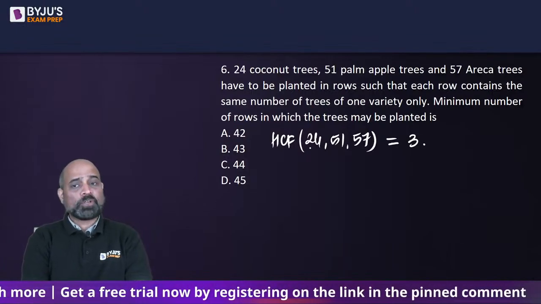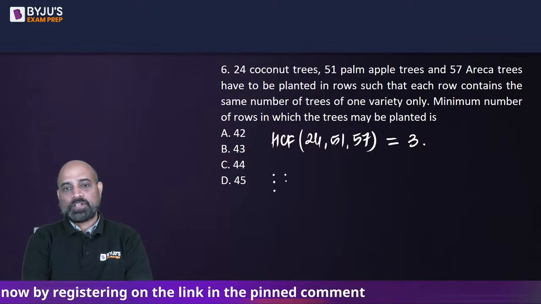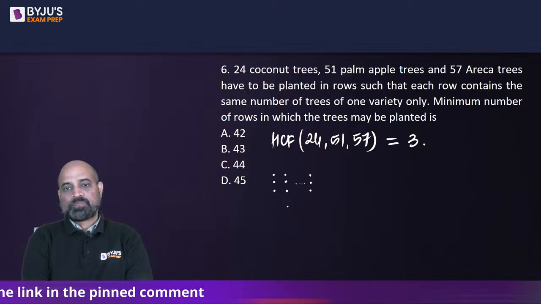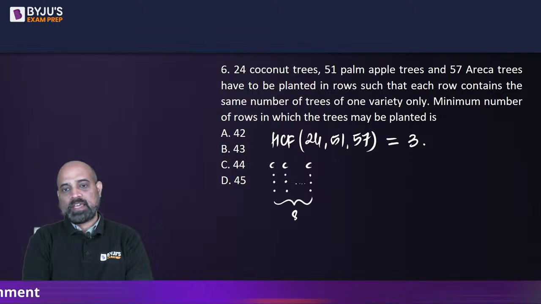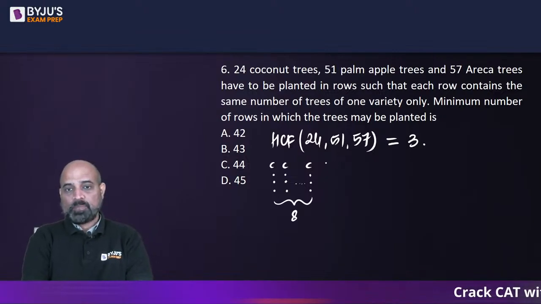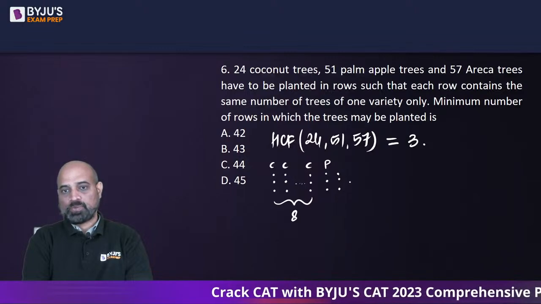So when we talk about coconut trees, it means that I will have 3 trees in each row, right? Coconut trees. So I will have 8 such rows. Then if I talk about palm trees, I will have 3 trees in each row again, because that's what HCF says.